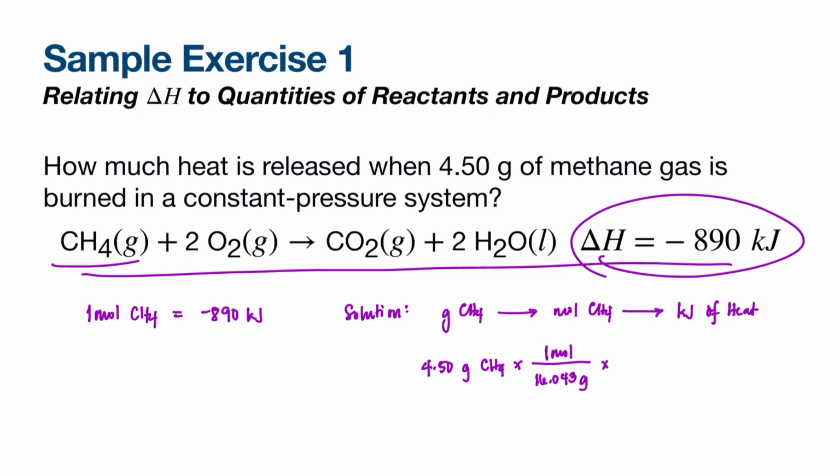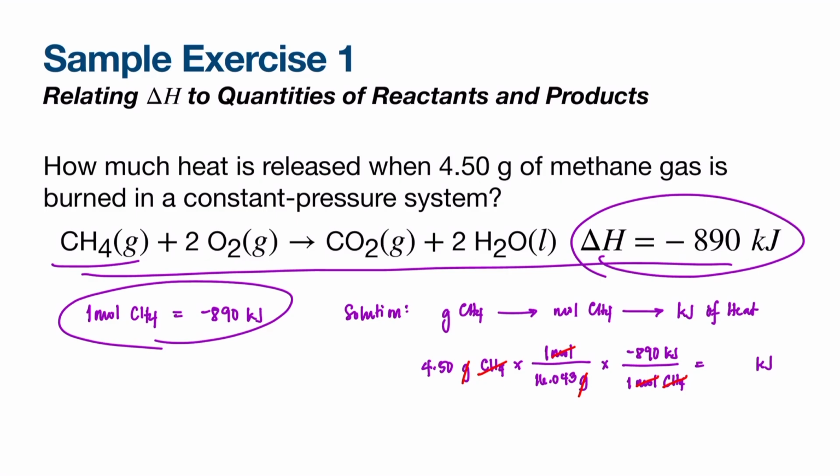And the next step is to multiply it with our stoichiometric conversion factor coming from the thermochemical equation. And that is 1 mole of CH4 releases 890 kilojoules of heat. So from this, we can now cancel some units, leaving us with kilojoules as the unit.